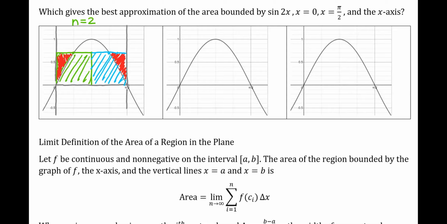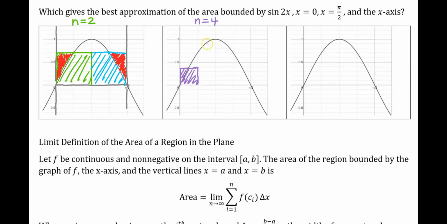Now let's say that I want 4 rectangles. Let's say I want n to be equal to 4. I'm still going to do midpoints. So about midway here, I'm just rough sketching this. This would be my first rectangle.